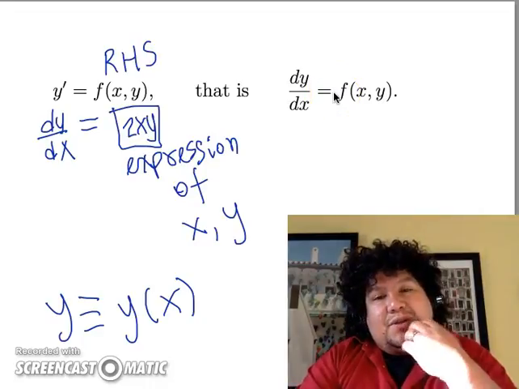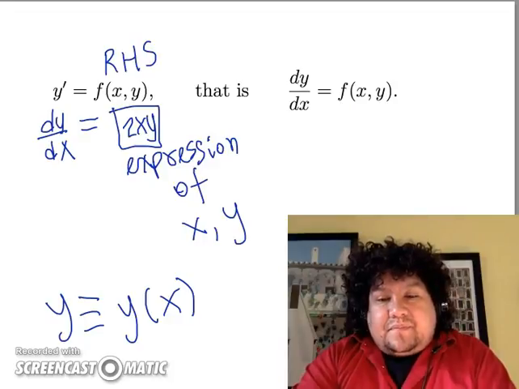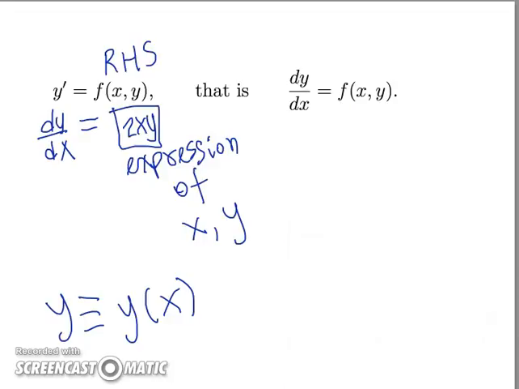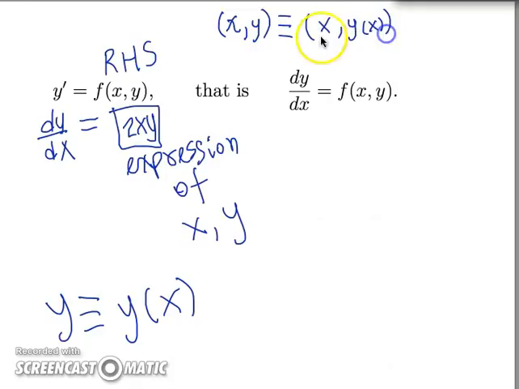But the idea also here is that we want to take information. After all, we are working on the two-dimensional plane, so we're going to think of these coordinates really as if they were coordinates in the sense of x, comma, y, but where y is a function of x. So if we know x, we know y.